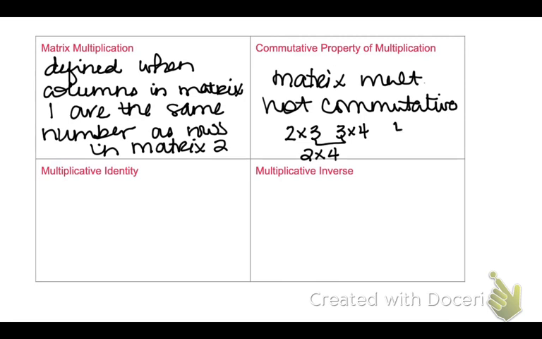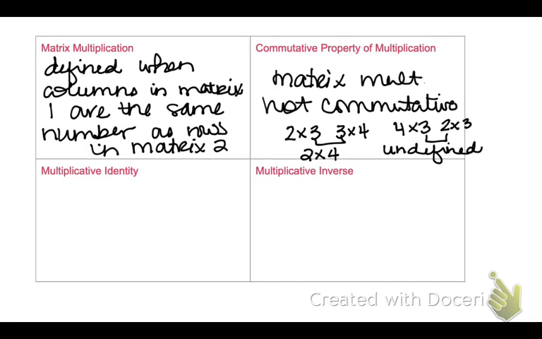But if I were to switch the order and make it a 4 by 3 multiplied by a 2 by 3, these are not the same, which means it is an undefined operation. So be very careful with your matrix multiplication. We can't just change the order in order to multiply two matrices together.